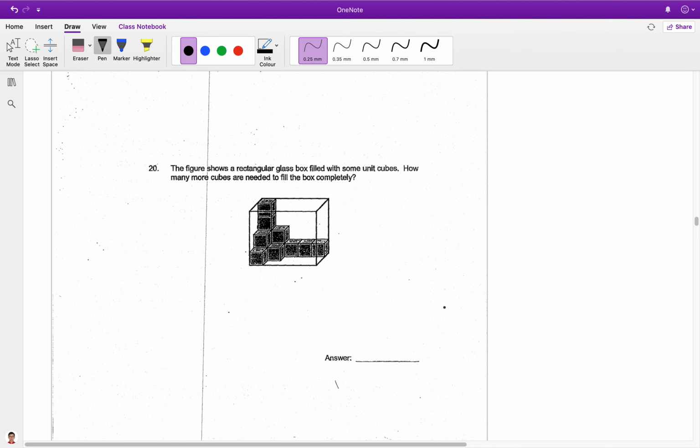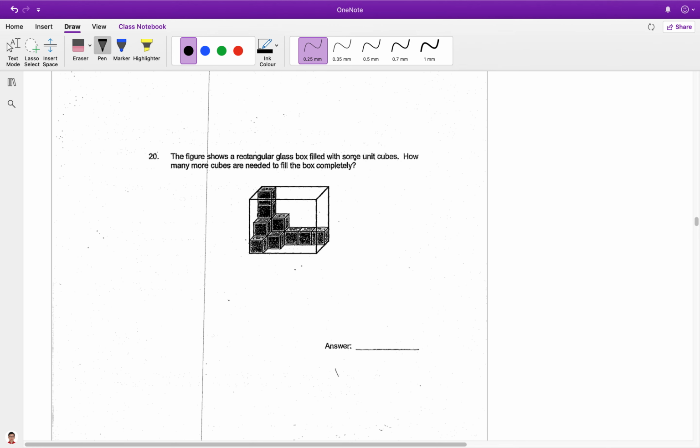Question 20. The figure shows a rectangular glass box filled with some unit cubes. How many more cubes are needed to fill the box completely? Well, this question has many variations, right? So the one shown here is the simplest. It only has unit cubes.